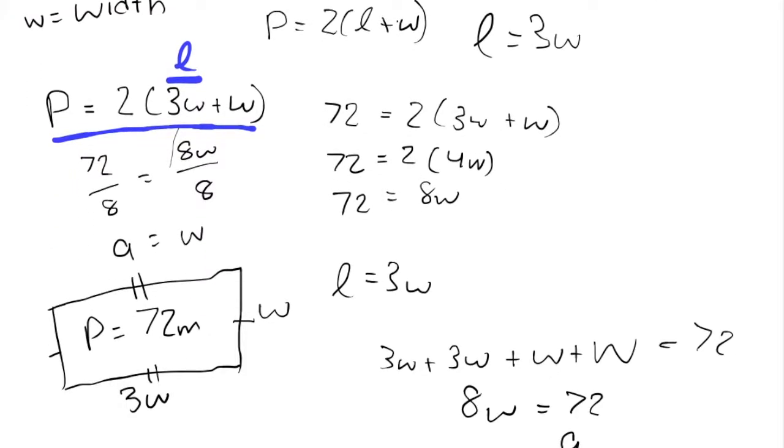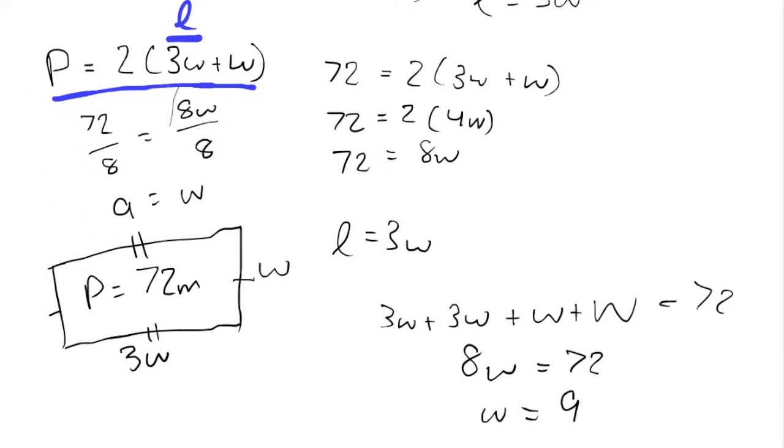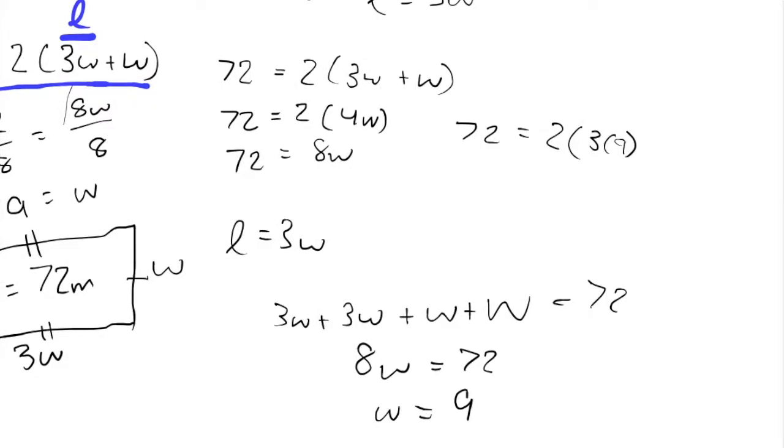So let's scroll down over here and we'll sub it into the equation. We can say that 72 is equal to 2 times 3 times 9 plus 9. Gonna run out of space here. So using BEDMAS, we can solve.